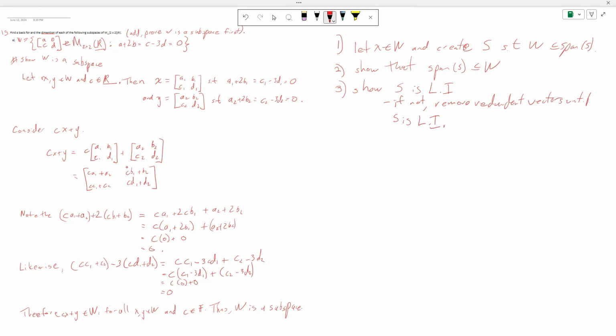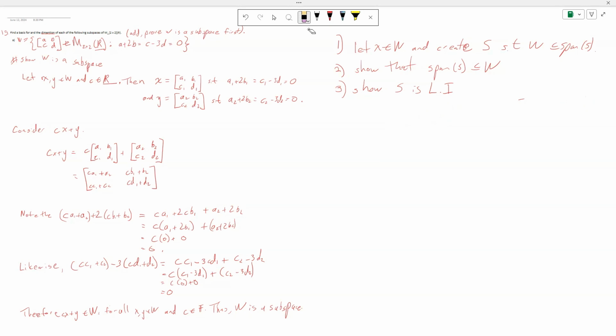But because I know it's a spanning set, I can just remove a vector at a time that is redundant till I have a linearly independent set. Now, the way in which we construct S, this typically doesn't happen. Typically, we can ignore this step and just verify, yes, we are linearly independent.